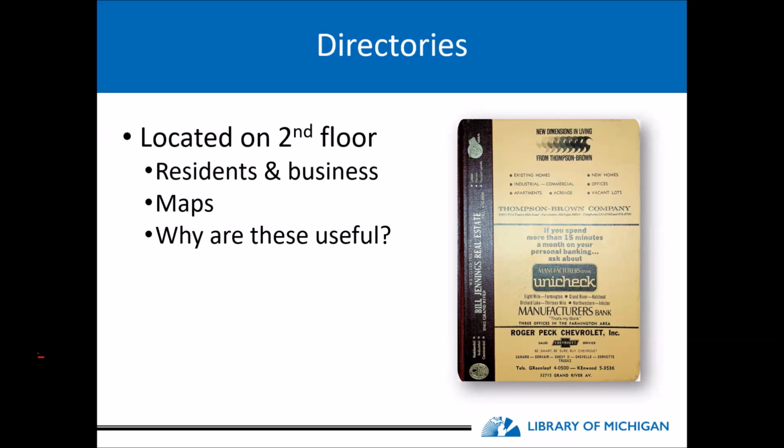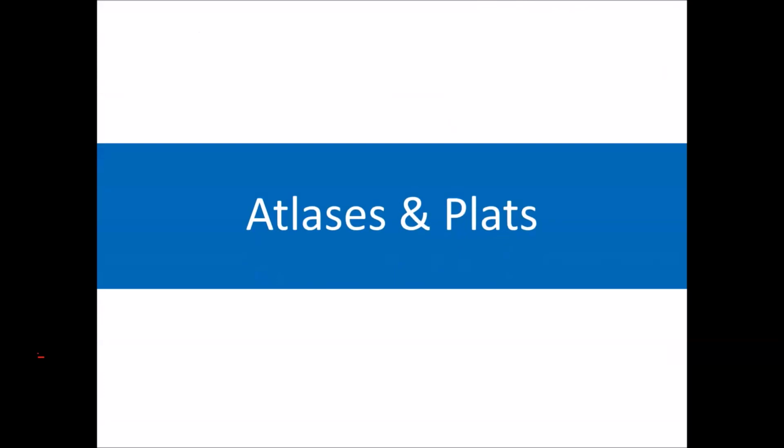I'm going to go to the next slide. Well, one last one related to city directories: are they online? Yes and no. If you come to the library building, you can use our ancestry.com subscription, and there are some city directories there. If you use the MyHeritage Library Edition through mel.org, I know there are some city directories there.